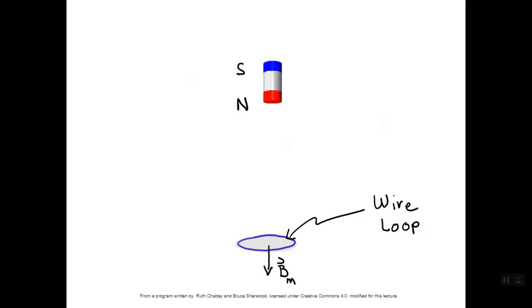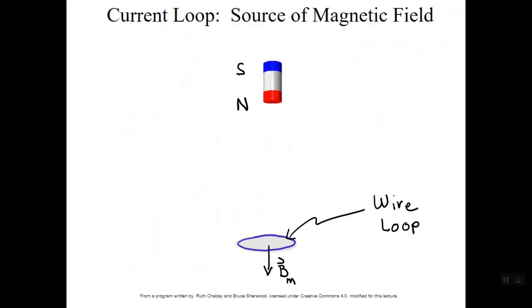Now let's point out something else. We know the magnet is a source of magnetic field. Let's call that field vector B sub m for the magnet. Now since the wire loop is present and has an induced current I in the loop, the current loop is also a source of magnetic field.